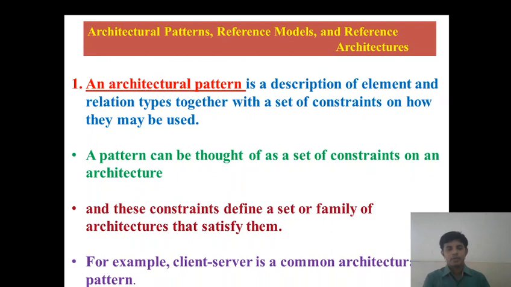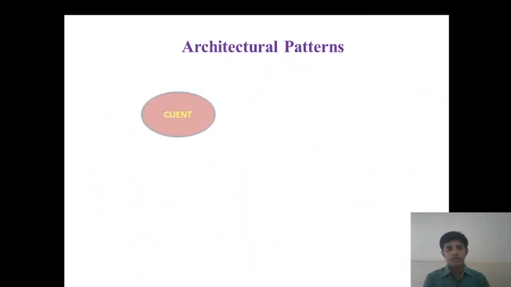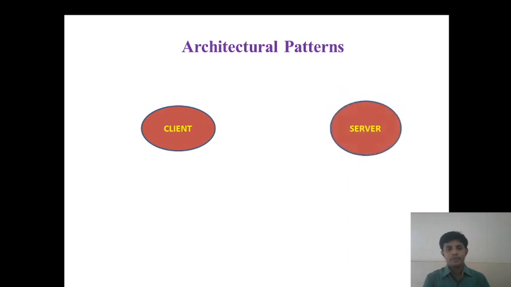A simple example they are explaining: client server is an architecture. Normally for what purpose will we use client server? For data transmitting. Consider client server as a software project architecture. Now client and server are the modules. What constraints are we going to use here? The constraints here are protocols.